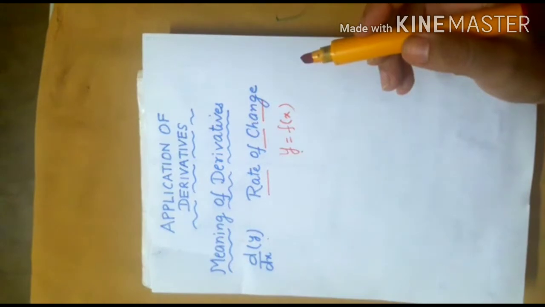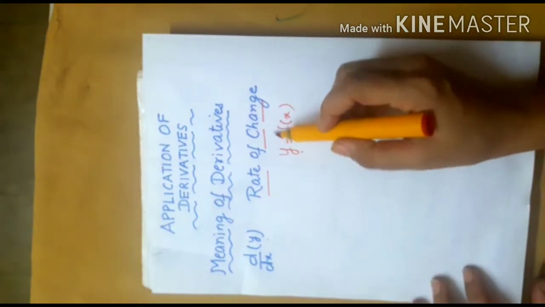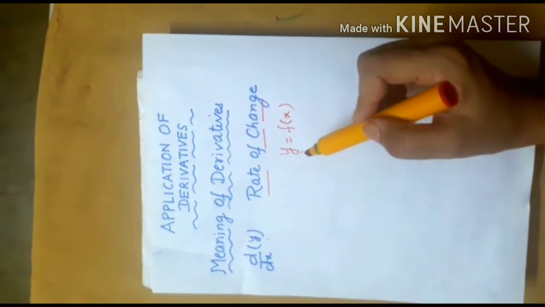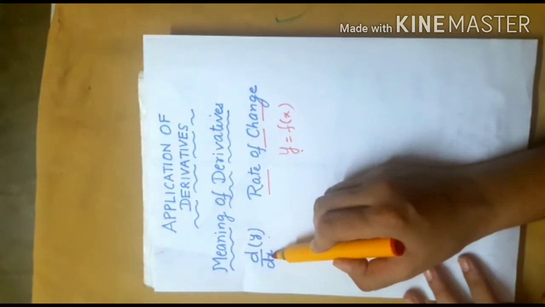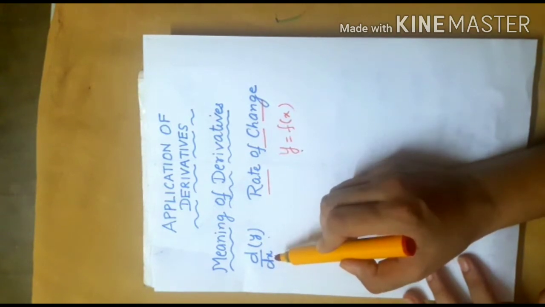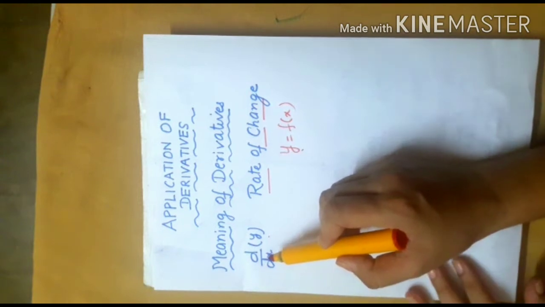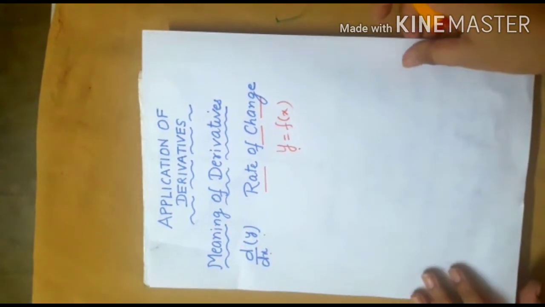So as the input x changes, the output y will also change. So the rate of change of y with respect to x is denoted by dy by dx, the derivative of y with respect to x. So dy by dx gives the rate of change of y with respect to x, right?